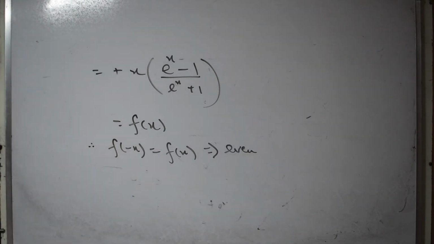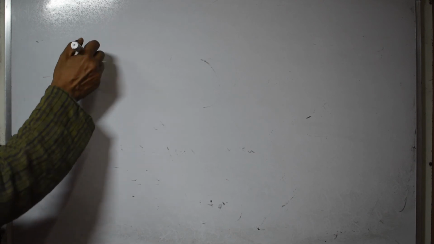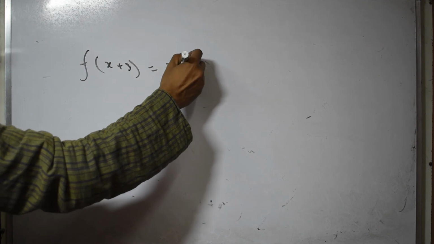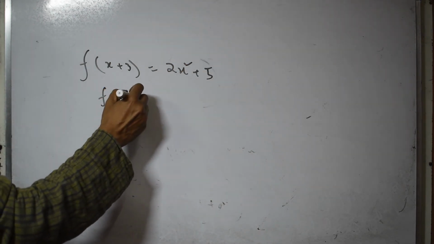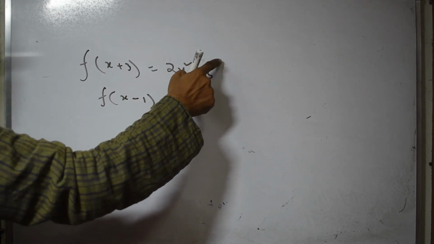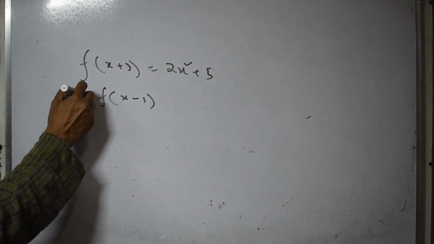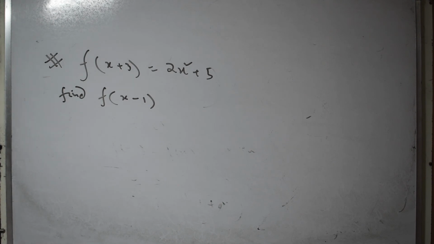Now coming to one more problem of this kind, like f of x plus 2, this type of question. If f of (x plus 3) is equal to 2x square plus 5, find f of (x minus 1). We can do it directly by replacing x, adjusting x, but I suggest you change the variable.